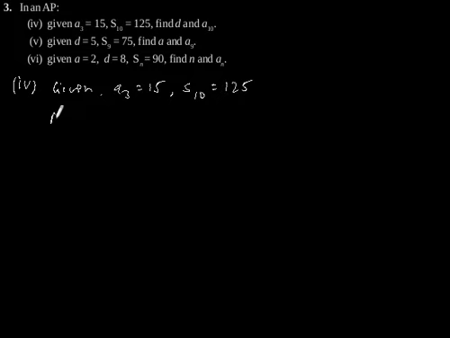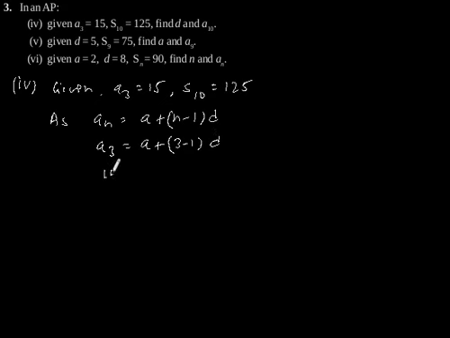So as we know, an is equal to a plus n minus 1 into d. a3 is equal to a plus 3 minus 1 into d. This gives a3 is 15, which is equal to a plus 2d. Now let's say this is our equation 1.